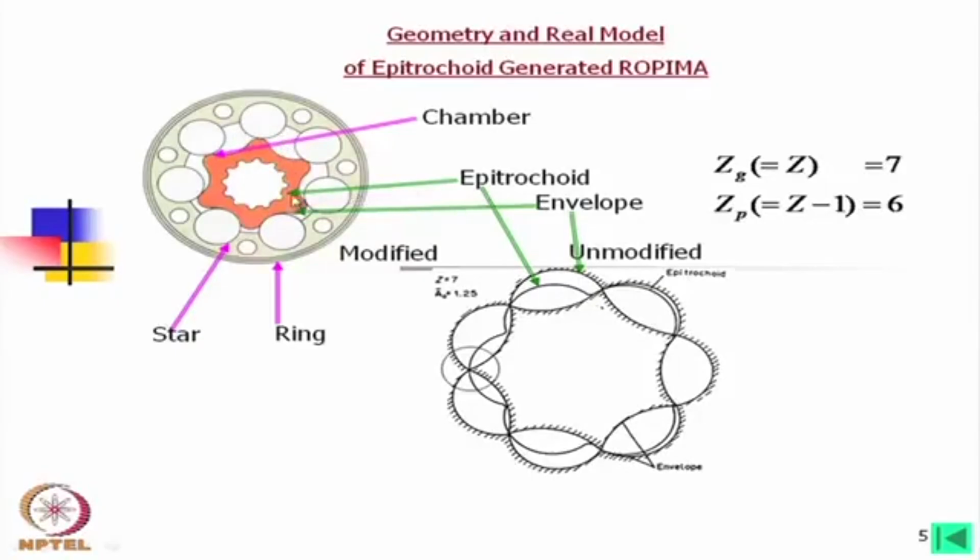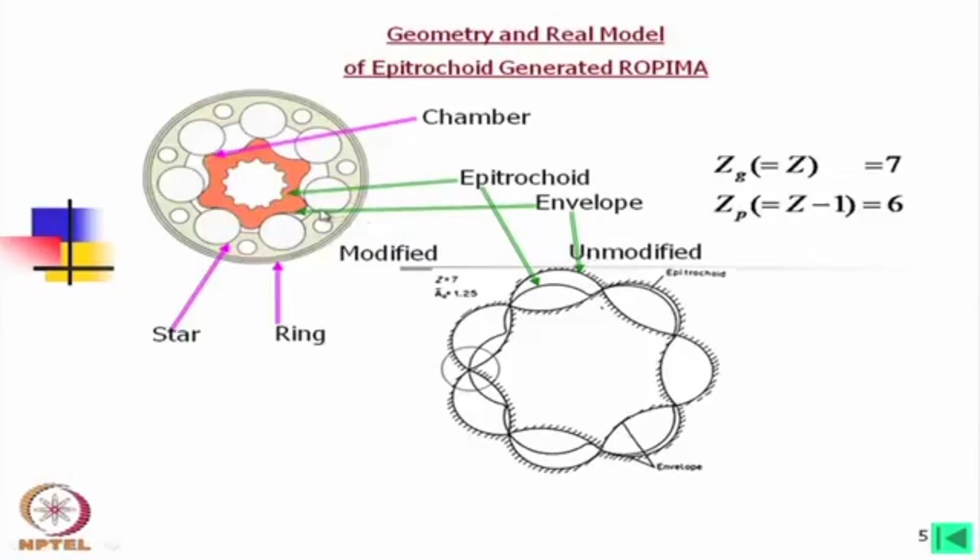Now, this profile is called epitrochoid, it is modified epitrochoid, whereas the outer profile is called envelope, and this is ring and this one is star. Perhaps this is slightly displaced, but you can understand easily.